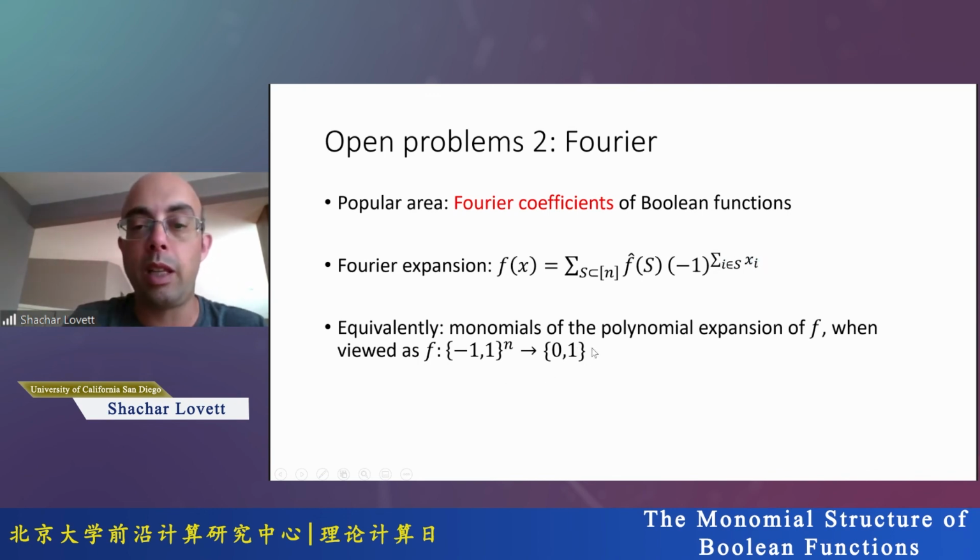Equivalently, it could be the monomial basis, but then we think of the inputs not as 0, 1, but as -1, 1. If we do monomials in the basis of -1, 1, that's exactly the same as the Fourier expansion. So you see the basis of the inputs is important for the question. For example, in this basis, parity is simple, but AND is complicated.